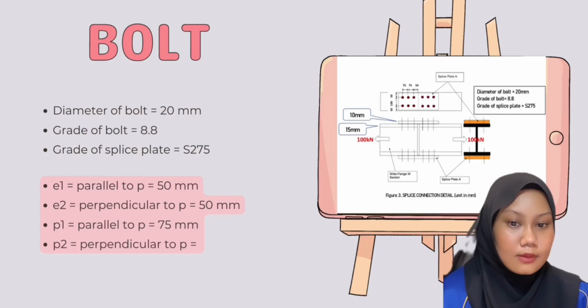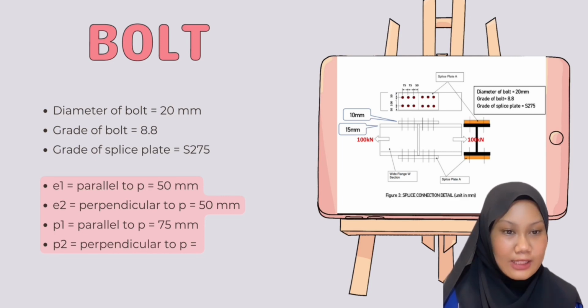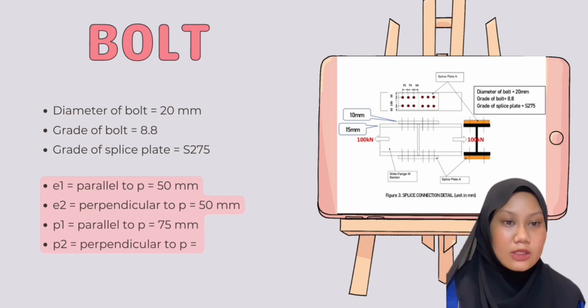Now I'm going to continue the presentation by sharing the design resistance of bolted connections in Figure 3. This is the detail for the bolt connections, where the diameter of the bolt is 20 mm, the grade of the bolt is 8.8, and the grade of the splice plate is S275. Based on the details above, we can find e1, e2, p1 and p2, where e1 parallel to p is 50 mm, e2 perpendicular to p is 50 mm, and p1 parallel to p is 75 mm.